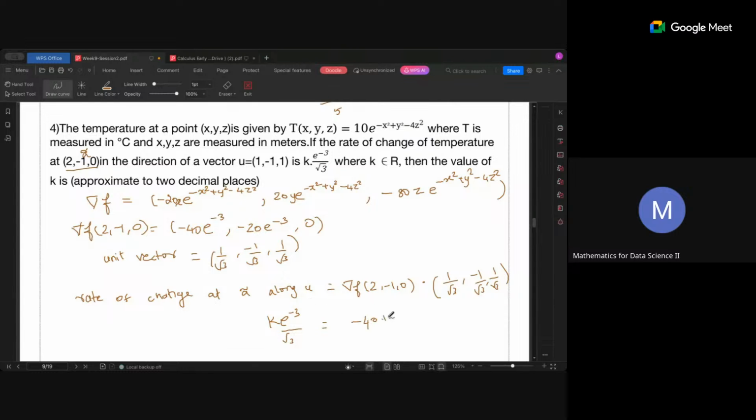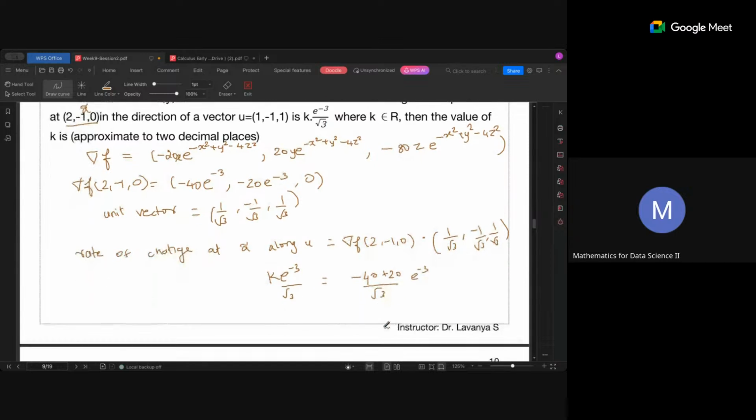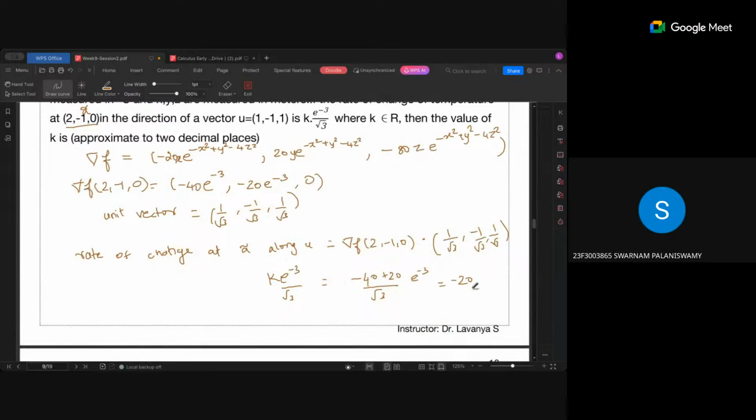Minus 40 plus 20 e power minus 3 by root 3. Actually, in del F, the second coordinate will be positive 20 e power minus 3, since y is minus 1, right? So now comparing LHS and RHS, what is your k? Is this fine for everyone? Yes, ma'am.